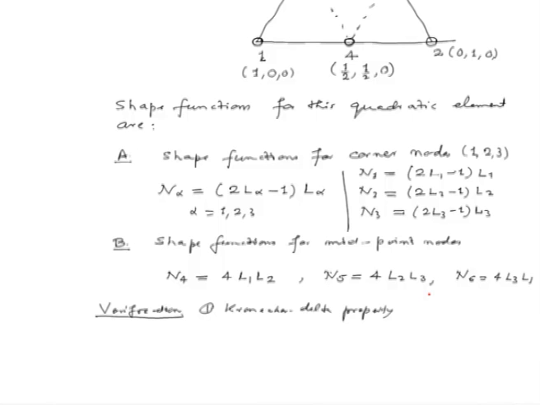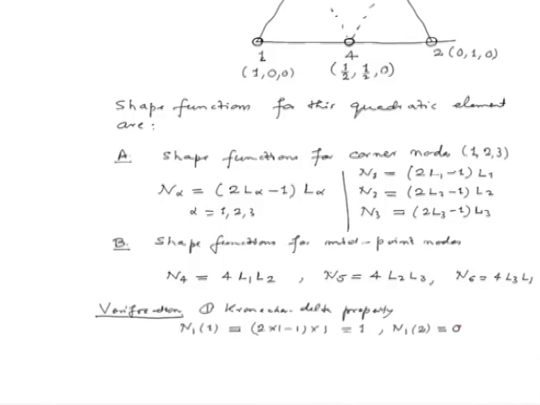We can also verify this property for, let us say, n1. So, n1 at node 1 is equal to 2 into 1 minus 1 into 1, this is definitely 1. And how about n1 at node 2? At node 2 the coordinate L1 is 0, so it becomes identically 0.